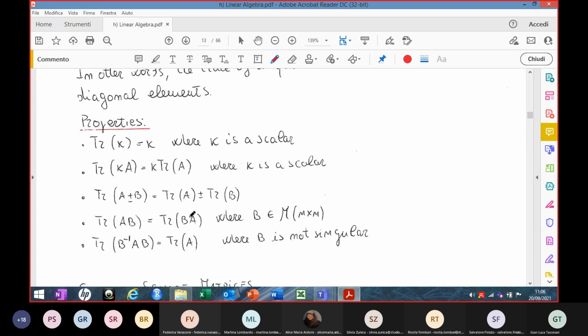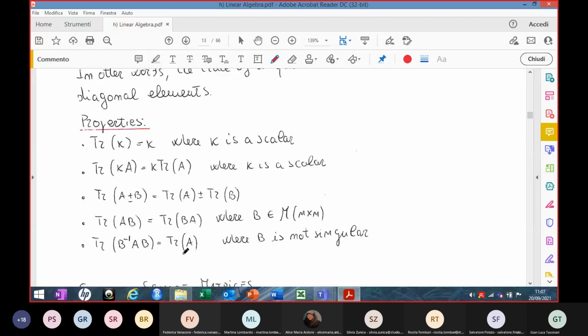So I repeat, suppose A and B are square matrices, and that both AB and BA are feasible, which occurs if both are square matrices of the same order. Then the trace of AB is equal to the trace of BA. So you can either do A times B and then compute the trace, or B times A. Even if the final matrices are different, say AB is 3 times 3 and BA is 2 times 2, they have the same trace.